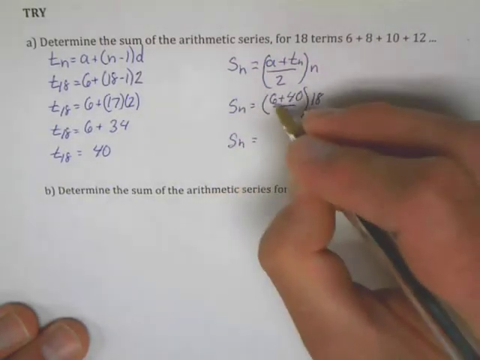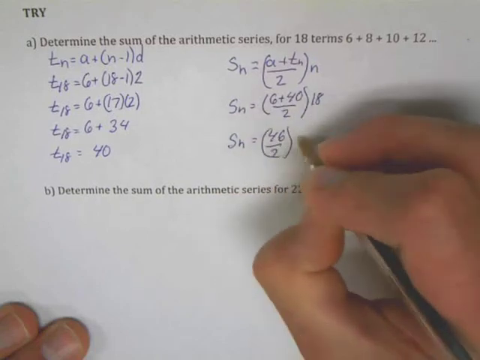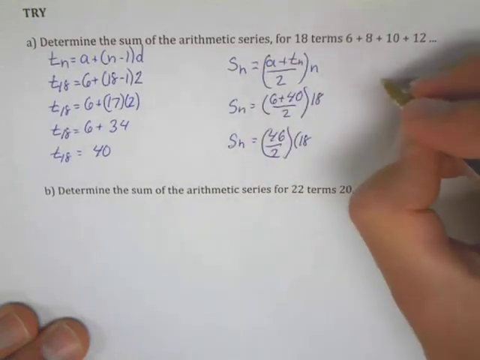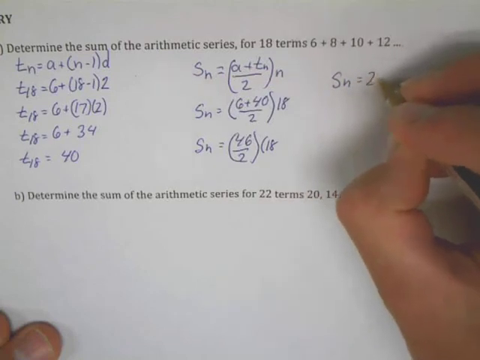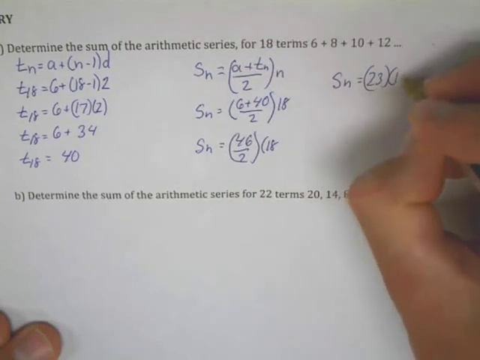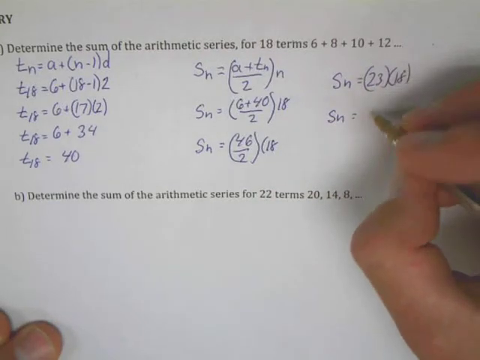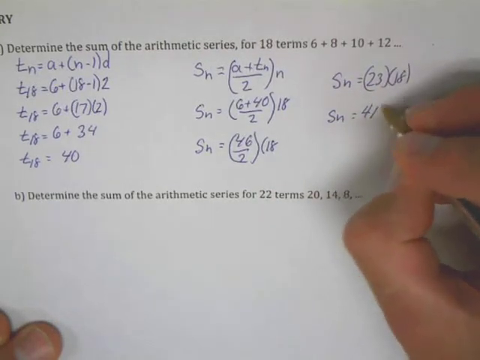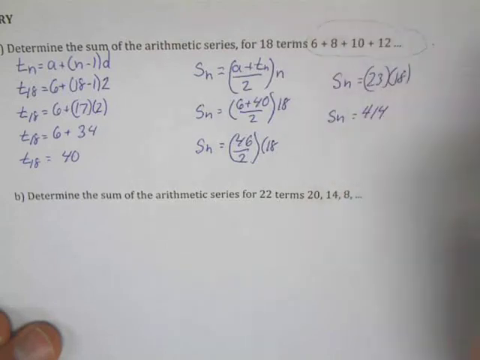Sn is equal to 6 plus 40 is 46, divided by 2, times 18. Sn is equal to 23 times 18, and Sn is going to be equal to 414. So all the 18 terms in those numbers will add up to that number.